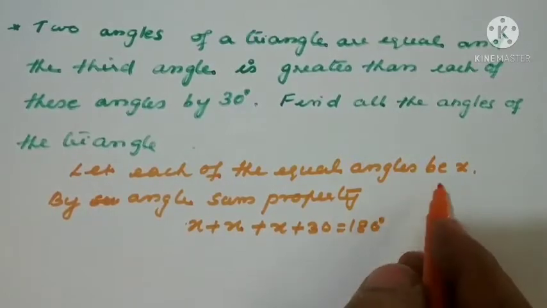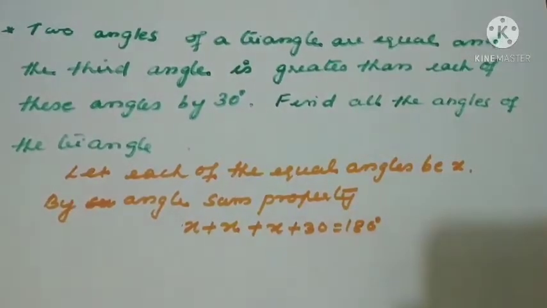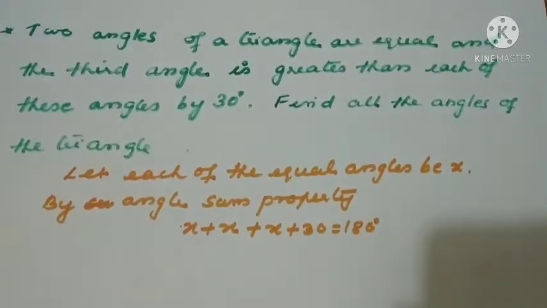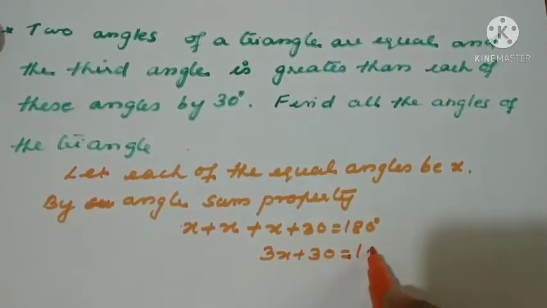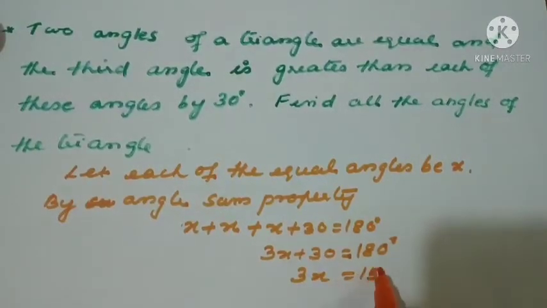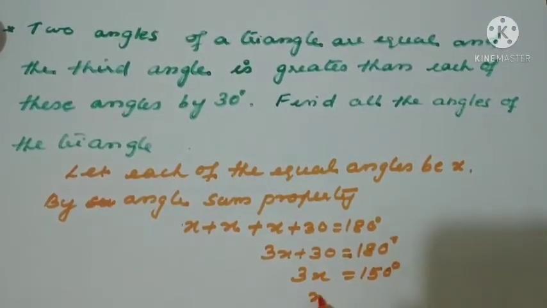If the equal angle is x only, then the angle greater by 30 is x plus 30. So 3x plus 30 equal to 180. 3x equal to 150, x equal to 50 degrees.